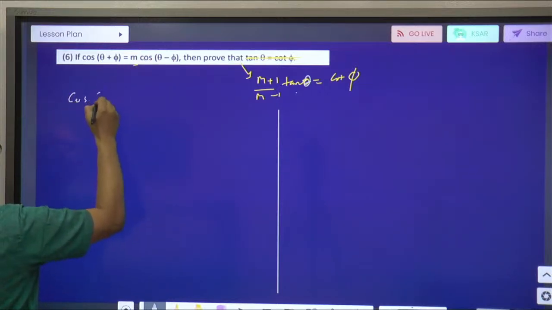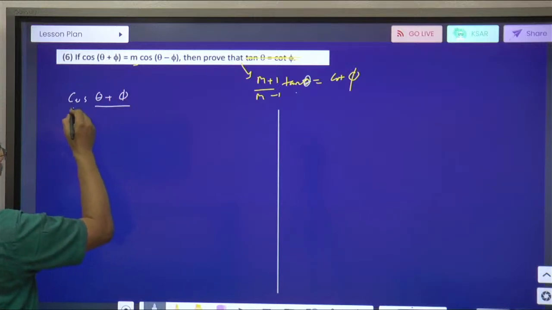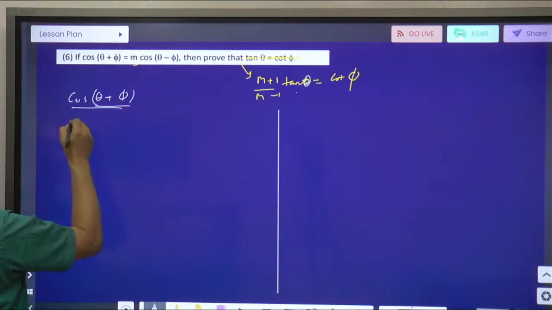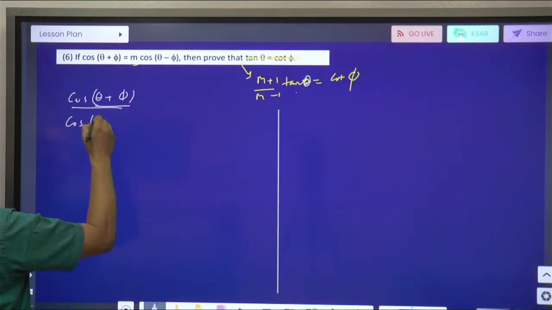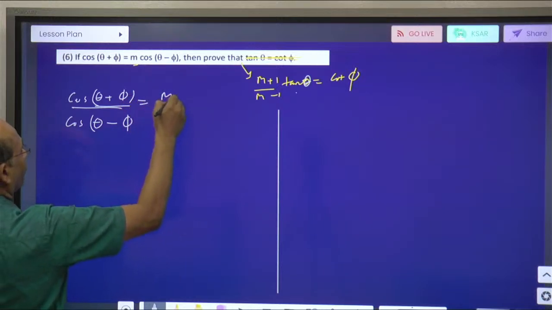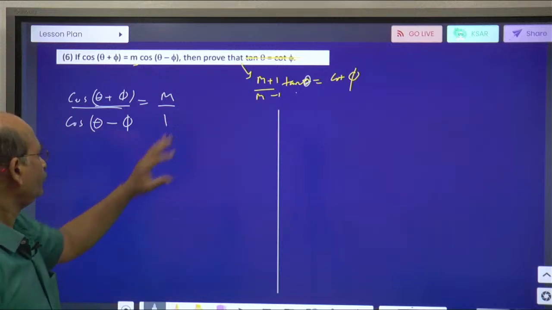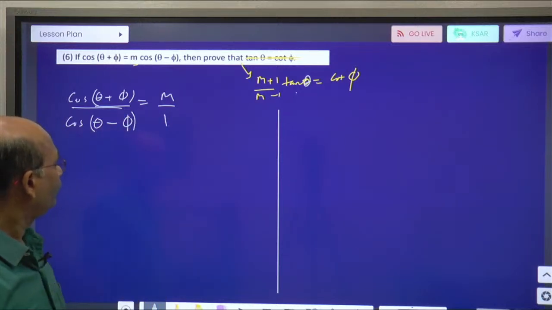Cos of theta plus psi upon cos of theta minus psi is equal to m upon 1. Okay, m upon 1.